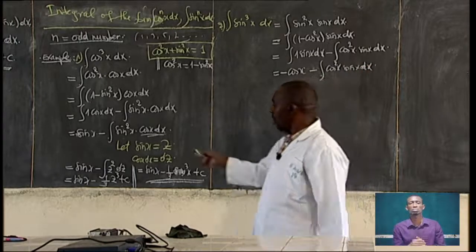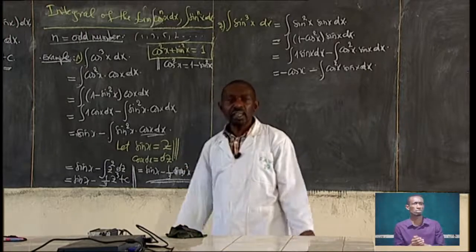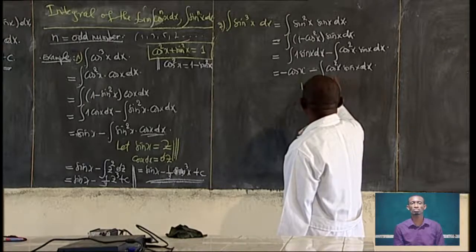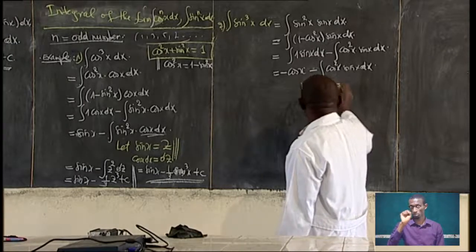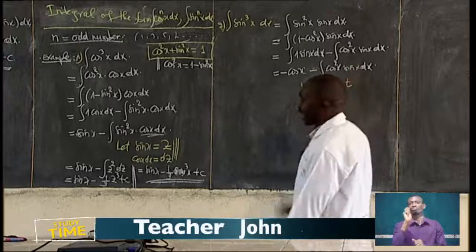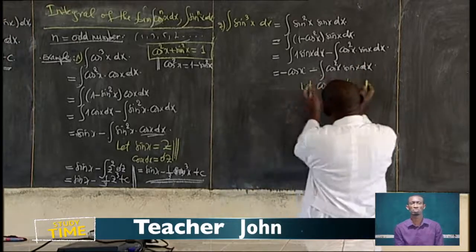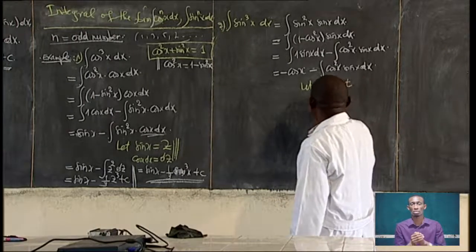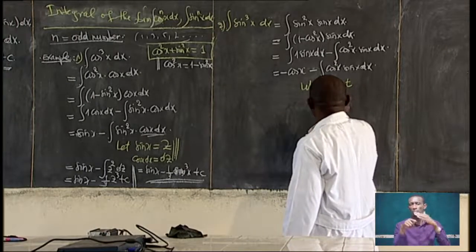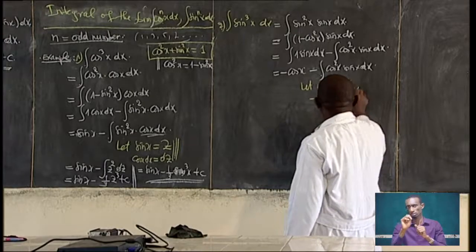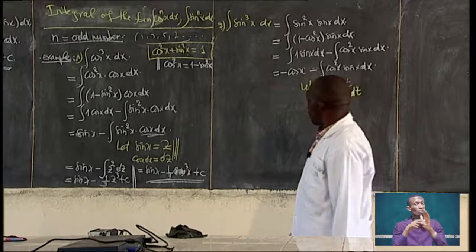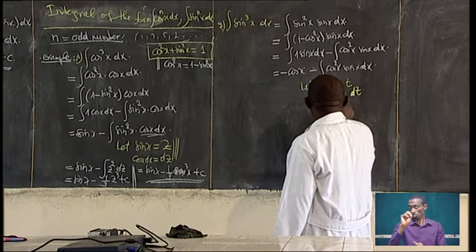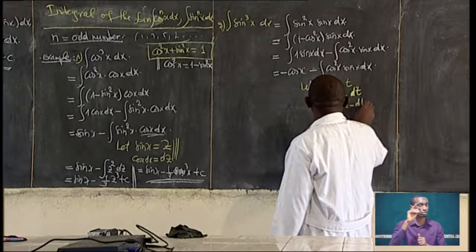As we did before, we can change the variable and let cos x equals t, like that. Differentiating both sides with respect to x and t, I'll be having minus sine x dx, which is equal to dt. Means that sine of x dx is equal to minus dt.